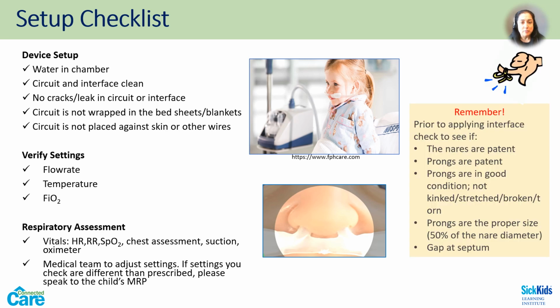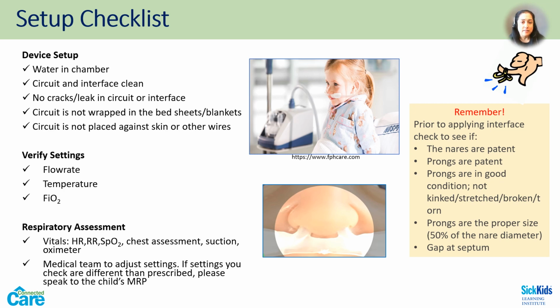And then, of course, remember that prior to applying the interface, you want to make sure that the nares are patent, and suction if needed. That the prongs are in good condition, they're not kinked or stretched or broken or torn. Ensure the prongs are the proper size, so not more than 50% of the diameter of the naris.